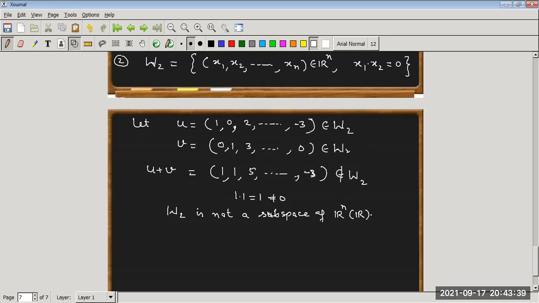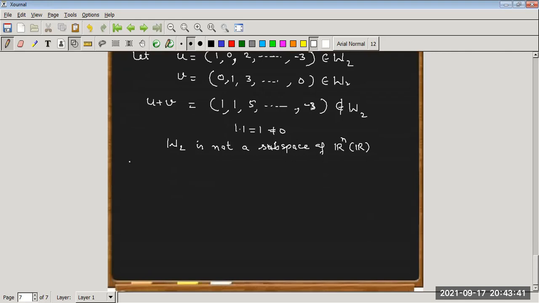Right? So now we take a third example, W3 is equal to (x1, x2, ..., xn), which belongs to Rn, where the entries x1, x2, ..., xn are real numbers, with a condition.